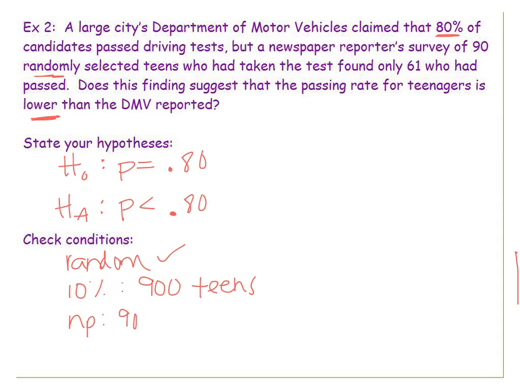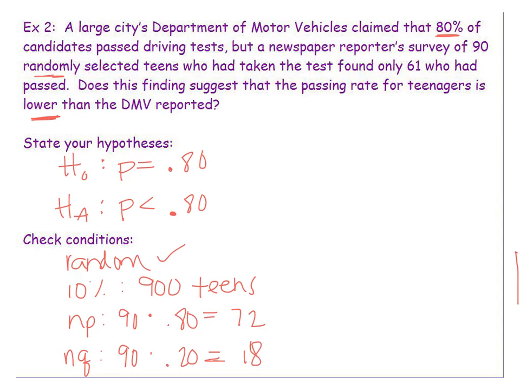So 90 times our p-value of 0.80, I get 72, which is a good number. And nq, 90 times, well, the leftover is 0.20, which gives you 18. There we go. And so all of our conditions are met.